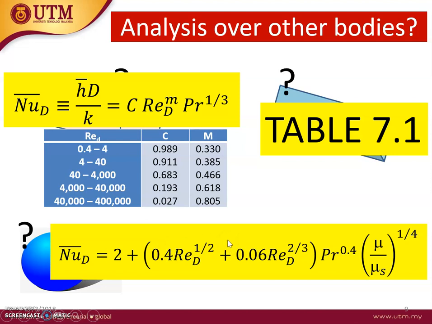But in all these cases, please make sure at what temperature you should use your thermophysical properties, because some correlations require that you take the thermophysical properties at the film temperature, while others require you to have the thermophysical properties at the free stream temperature. Even for this Whitaker correlation, you have to get the kinematic viscosity at the surface temperature.